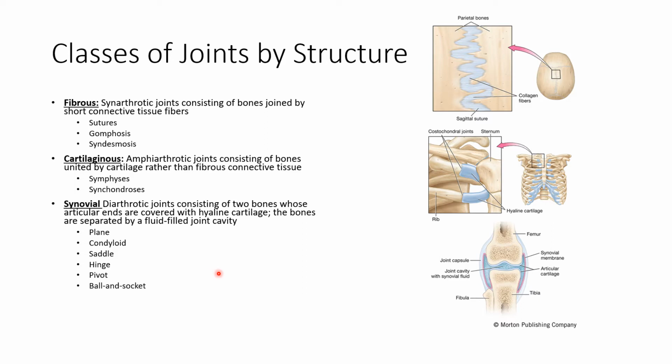They consist of two bones whose articular ends are covered with hyaline cartilage. The bones are separated by a fluid-filled joint cavity, and we call that fluid synovial fluid. We're going to go over these examples as well. So there are plane synovial joints, condyloid, saddle, hinge, pivot, and ball and socket.